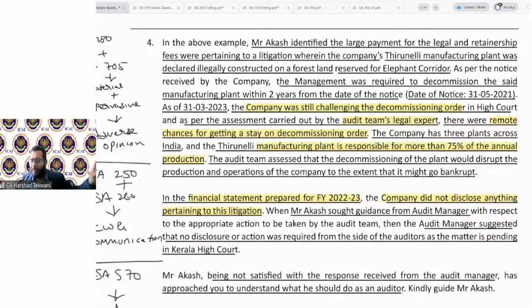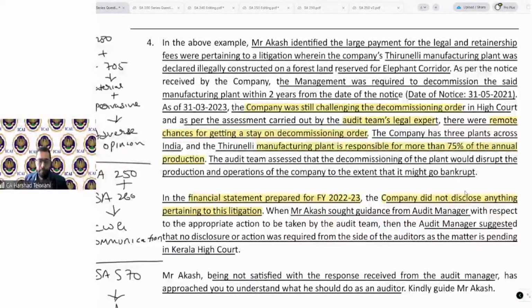I'll provide a reference to the financial statements: this is a matter disclosed in the financial statements, it requires a bit of attention, and it's fundamental to the users' understanding. That is an emphasis of matter paragraph. I hope I'm clear, and that's why it will not be reported in the EOM paragraph.